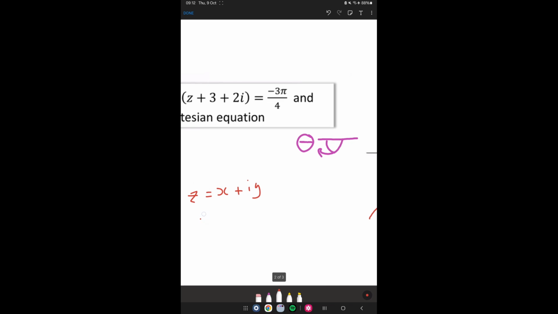We know that z1 is -3 minus 2i. So when we did our z minus z1, we ended up with x plus 3, and then plus y plus 2i.